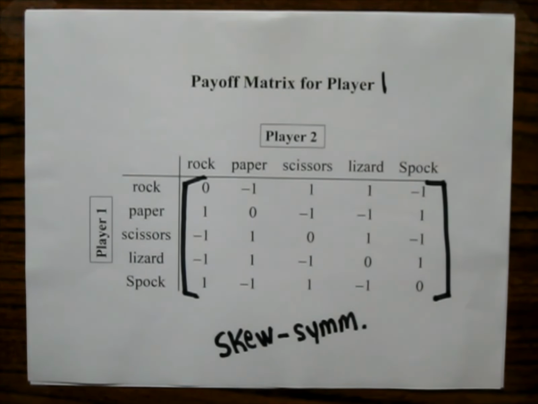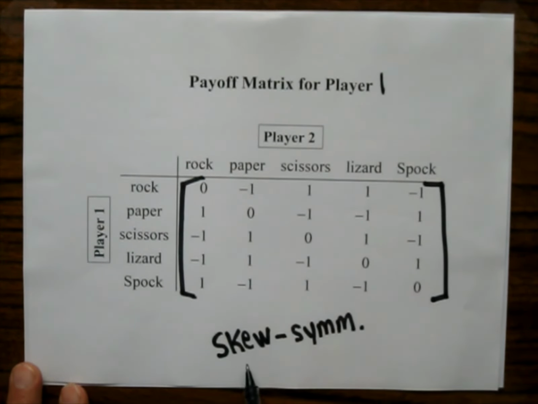So that's probably a theorem from game theory. But now there is reason to be interested in these skew-symmetric matrices, because it means that you're looking at a fair game.